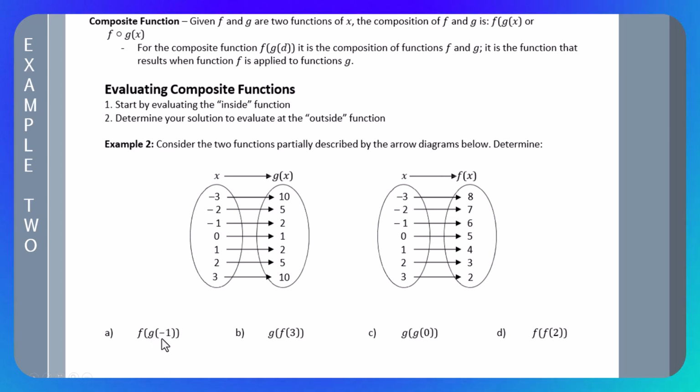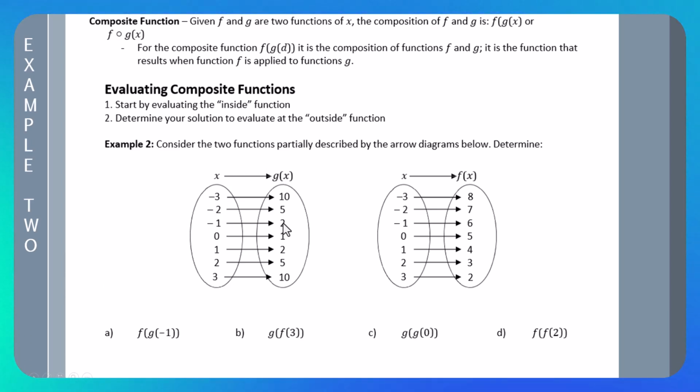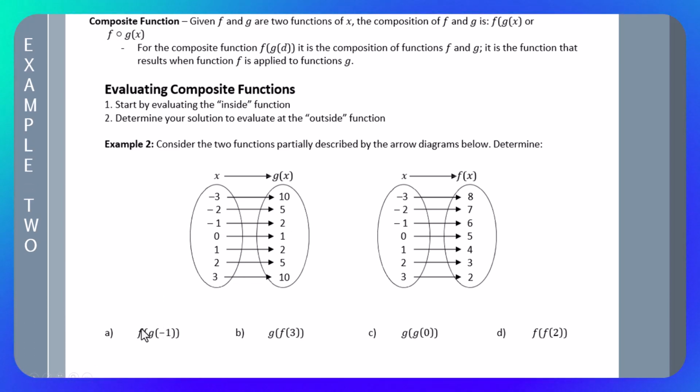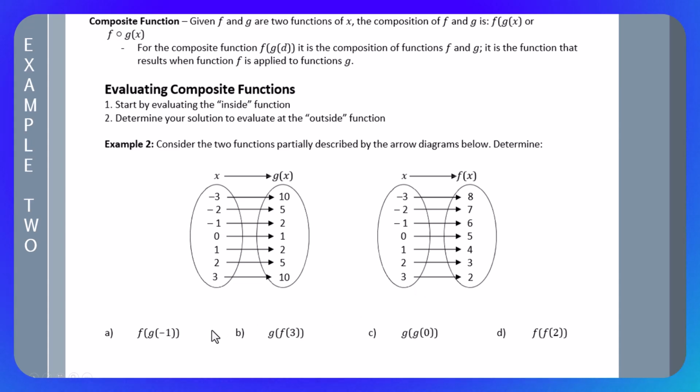We're going to start with g of -1. Our input is -1. Our output is 2. We're going to put that 2 into function f. When we input 2, we get 3. So the answer here is 3.